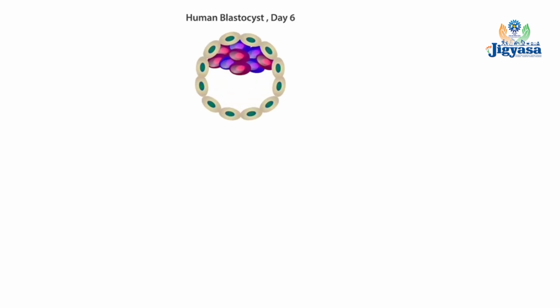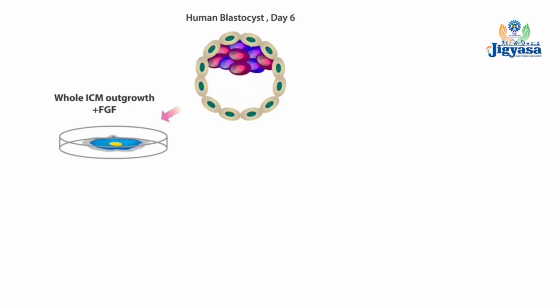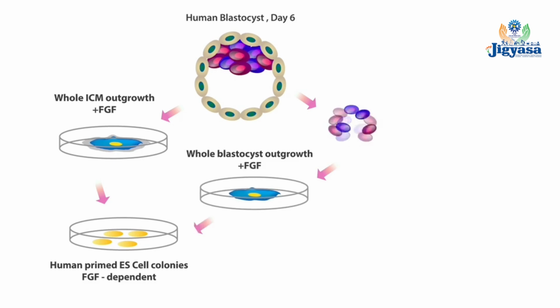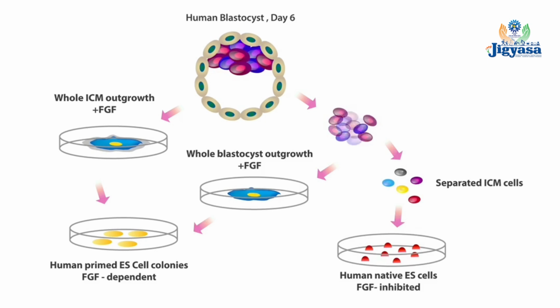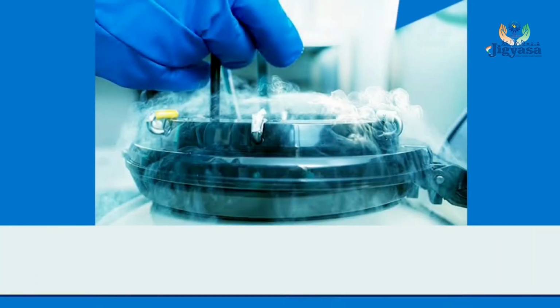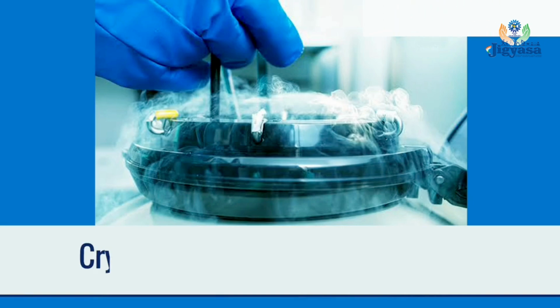Culture. After inner cell mass isolation, the stem cells are grown to generate embryonic stem cell using feeder layer, extracellular matrix, protein, peptides, and synthetic polymers. Embryonic stem cells were first cultured on a feeder layer of embryonic fibroblast in medium containing serum.